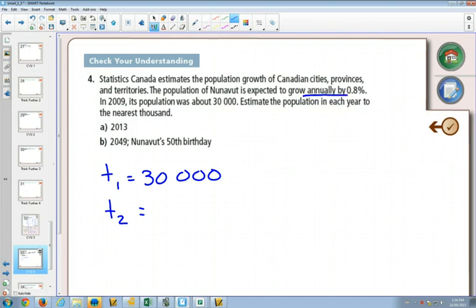So this is getting back to percentages. How do we increase something by 0.8%? Okay, so we have our 30,000. If I wanted to figure out what 0.8% of 30,000 is, how do I do that mathematically?